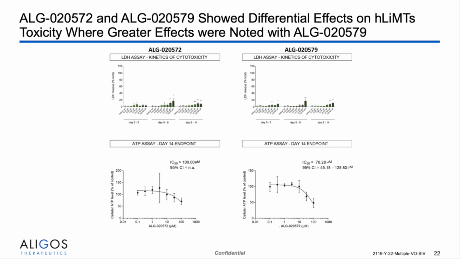Now, interestingly, when we looked at our molecule, surprisingly, the 572 that had the GalNAc conjugation really didn't show any cytotoxicity, but the parent ASO, which presumably should be harder to get into the hepatocytes and cause the damage because it doesn't have this GalNAc conjugation, actually showed some toxicity there.